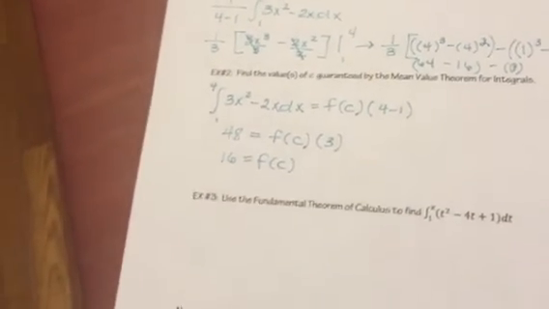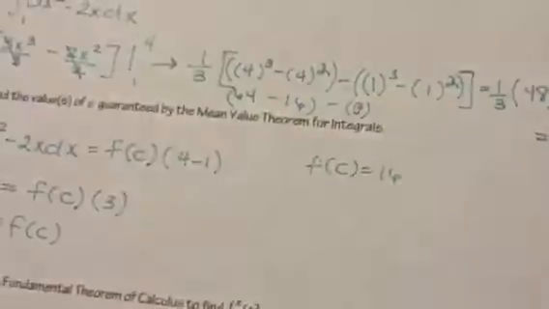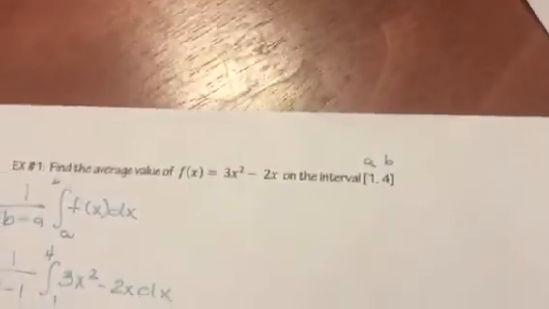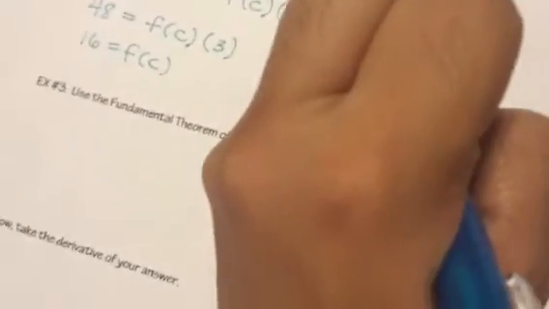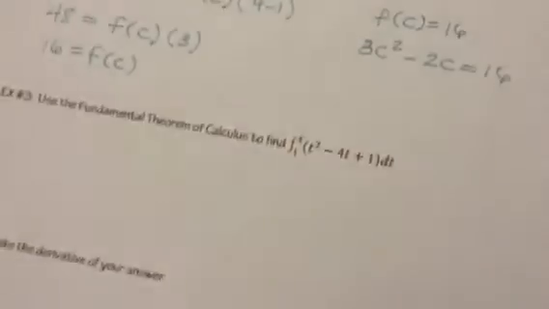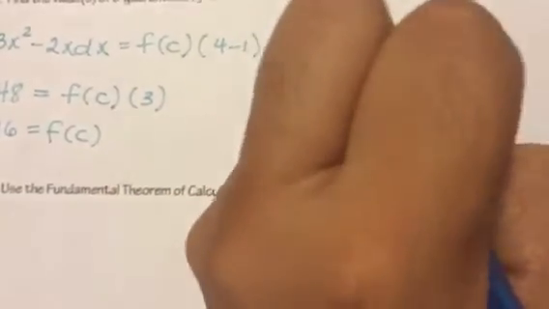Well, now what we're going to do is take f of c being equal to 16. We're going to replace c with the x from our function. So it'll be 3c squared minus 2c equal to 16. Bring over the 16 and factor.